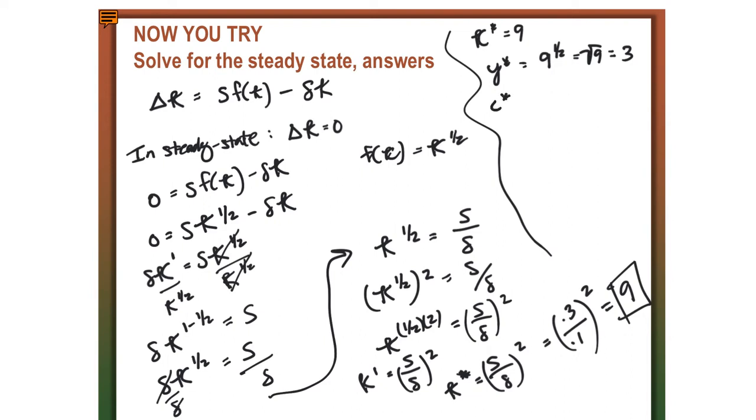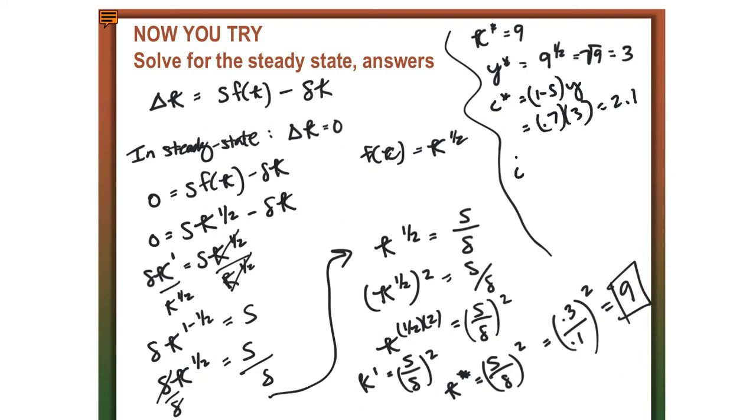Consumption per worker in steady state is equal to 1 minus s times little y, which is equal to 0.7 times 3, which is equal to 2.1. That's exactly what we found in the other spreadsheet version.